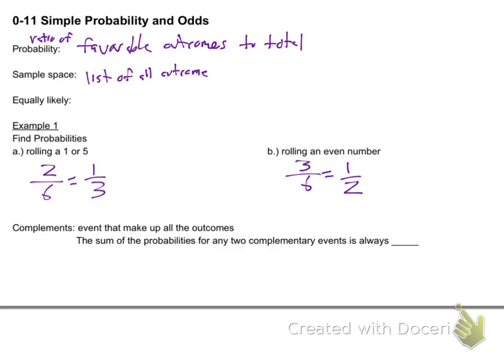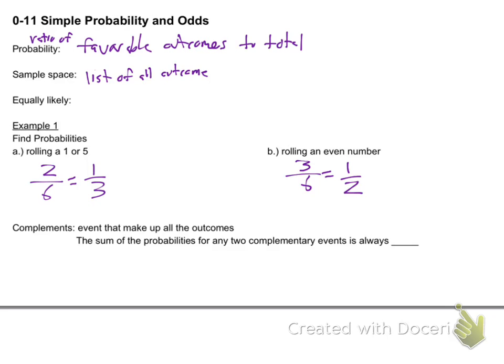1/2, half the time. Now, wait a minute. There are only even numbers and odd numbers, right? What are your chances of getting an odd number? How many odd numbers are there on a die? 3. 3 out of 6. That would be a half. And what's a half plus a half? 1.